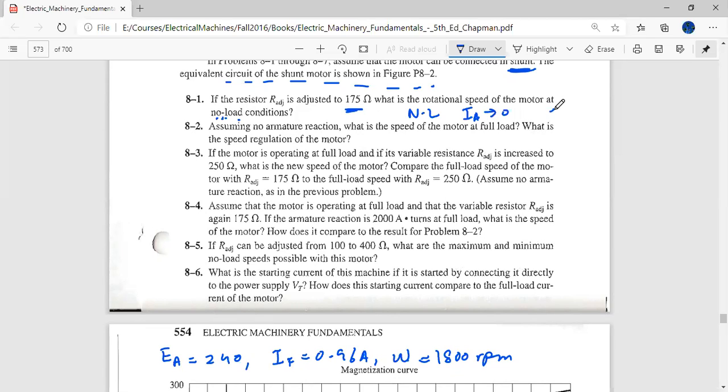And IA is 0 because when the motor is unloaded, I do not need to develop any torque. I know that the torque relationship is equal to K times phi times IA.